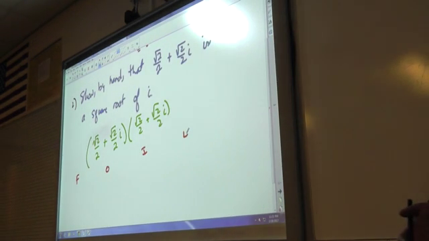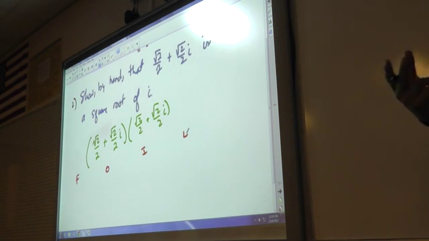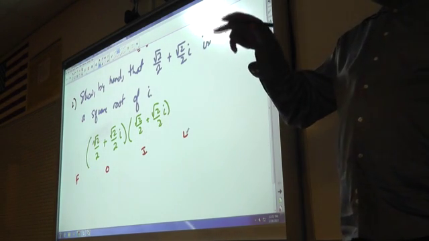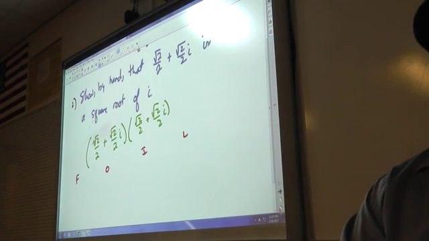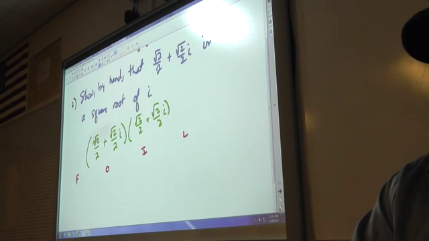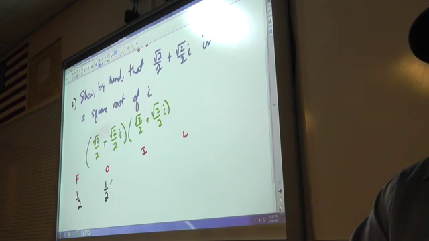Now remember, what is square root of 2 times square root of 2? It's 2. So for the first terms, square root of 2 times square root of 2 is 2, and 2 times 2 is 4, so it's going to be 1/2. The outer is the same thing, 1/2 i.